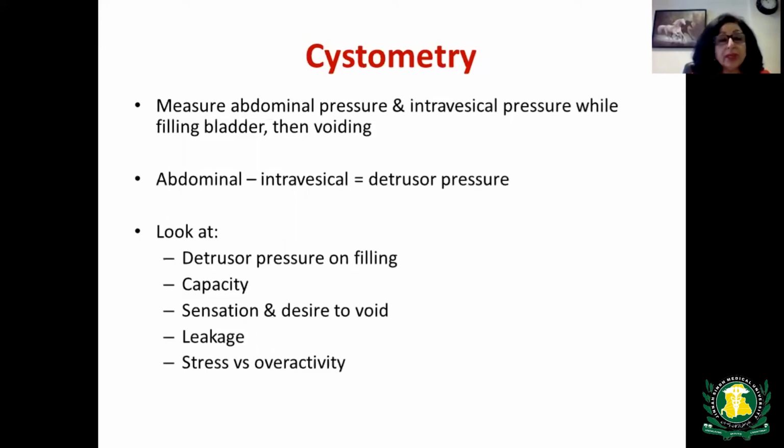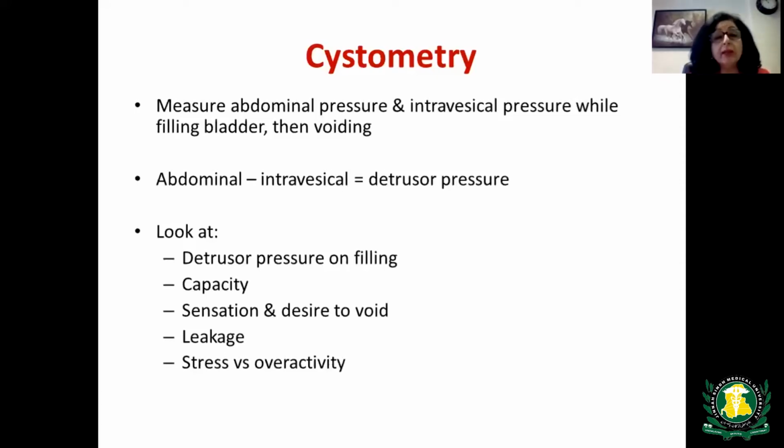What you will notice is that in women who suffer from overactive bladder, the intravesical pressure starts to rise even with a small volume of urine in the bladder. In extreme cases, sometimes women get the first desire to void even with 50 mils in the bladder. For a normal female, the bladder capacity is between 400 to 600 mils. And if a woman gets the desire to void with 50 mils, you can understand how bad the problem is.